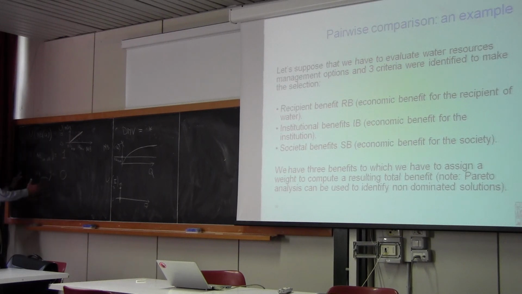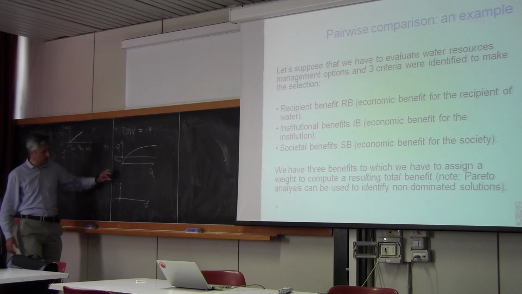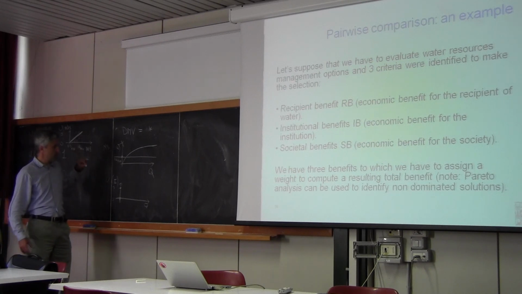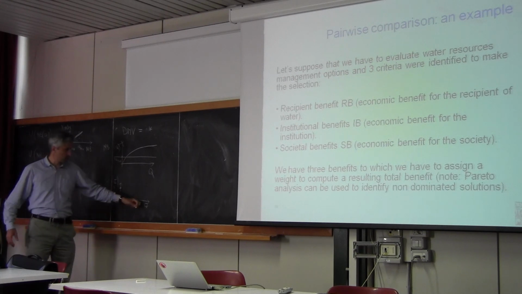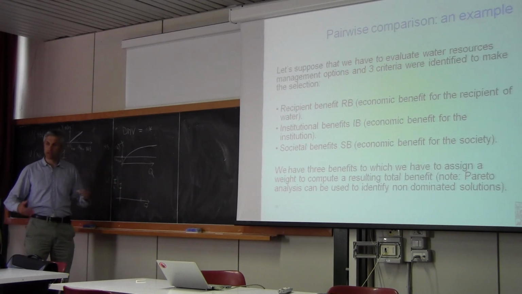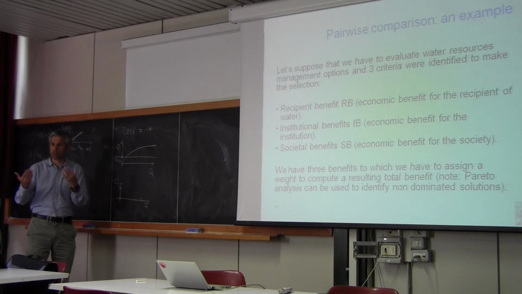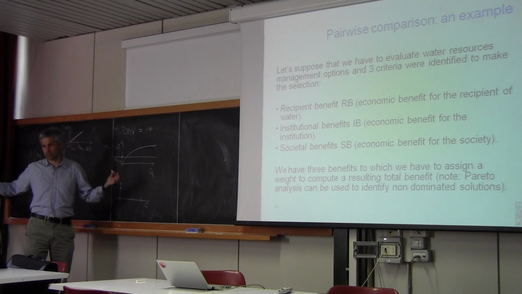Of course, the definition is to be adapted. So you start from 1 if you don't take any water, and then you may say that you give a utility of 0 if you reach an amount of water that, according to your perception, is really causing the destruction of the environment downstream.